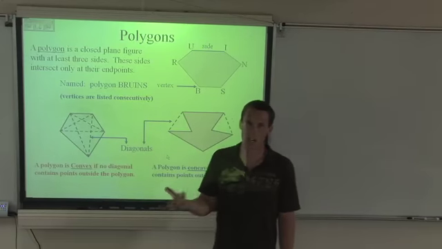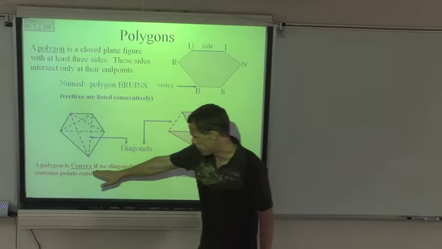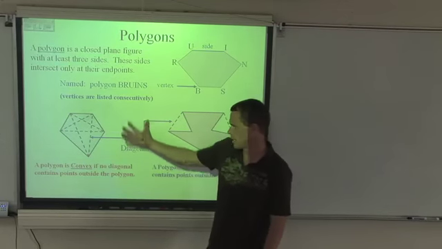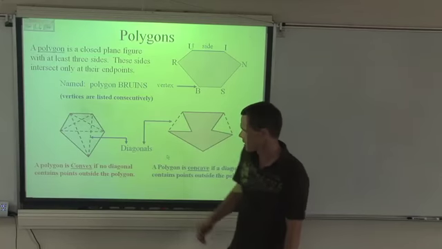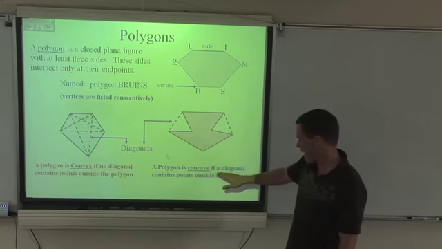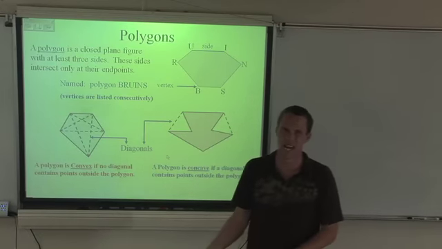The terms are convex and concave. A polygon is convex if not a single diagonal contains points outside the polygon. It is a nice convex polygon. Concave is if at any time there is a diagonal that contains points outside.